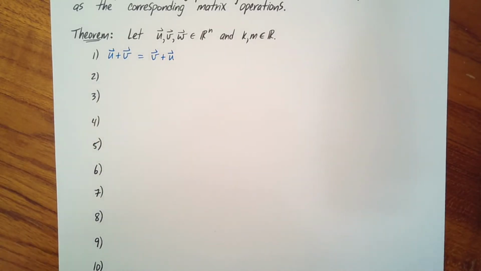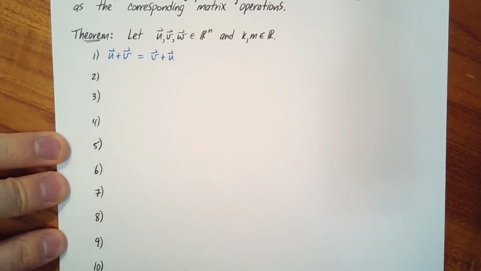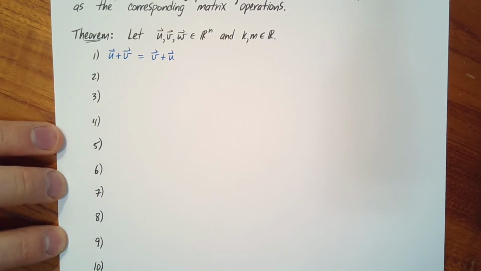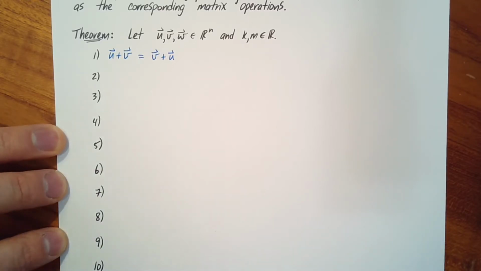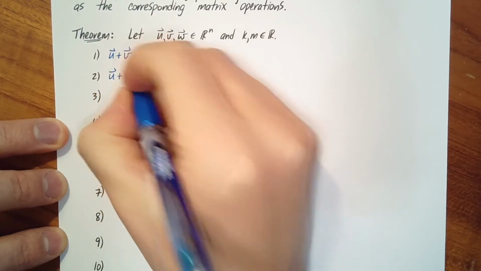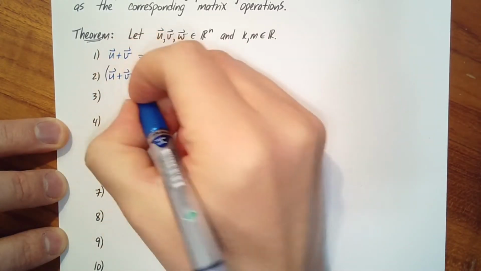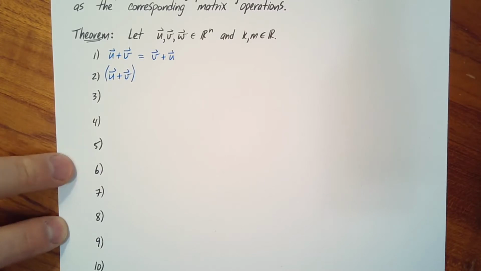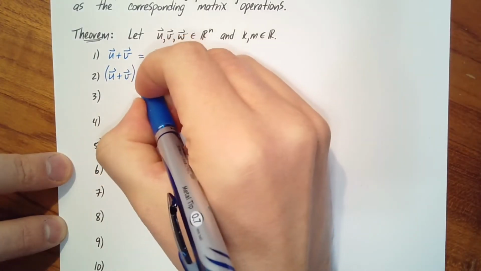And there's also an associative property of vector addition, just like there was with matrices. If I want to add up all three vectors, u, v, and w, well, addition is a binary operation in the sense that it's designed to be applied to two objects. So if you want to add up three objects, you have to pick, at least in principle, which ones are going to add up first. If I wanted to add u and v, and then calculate the result, once I perform that addition, the result is a single vector that I can add to the vector w.